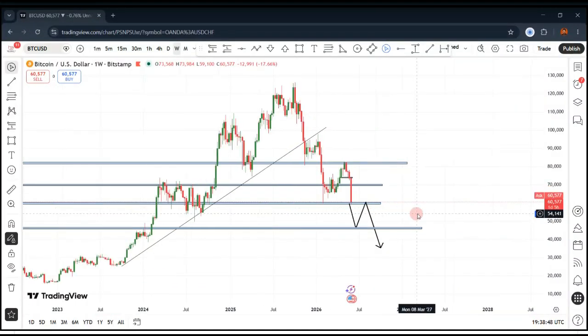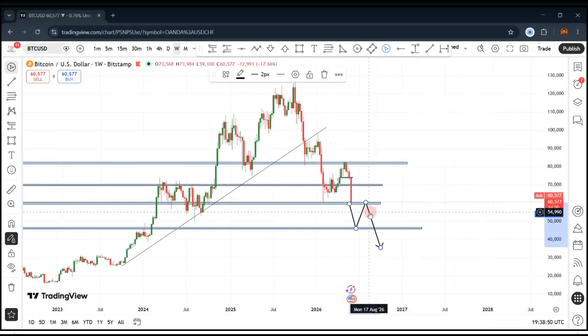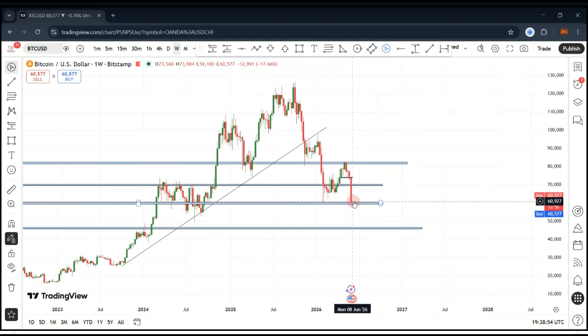But if it doesn't hold, then we are going to be seeing the market moving from this point back to the top.